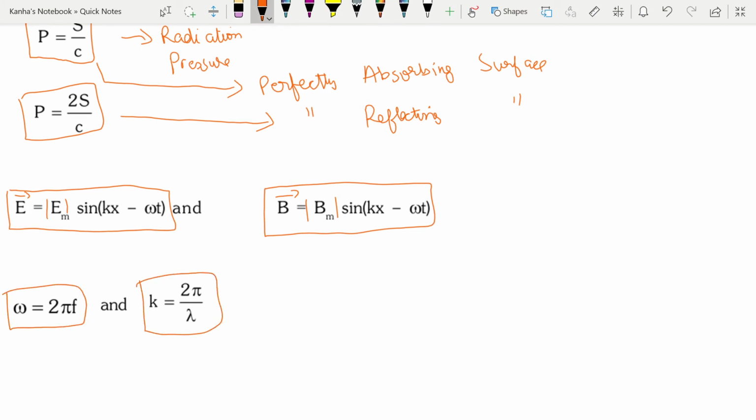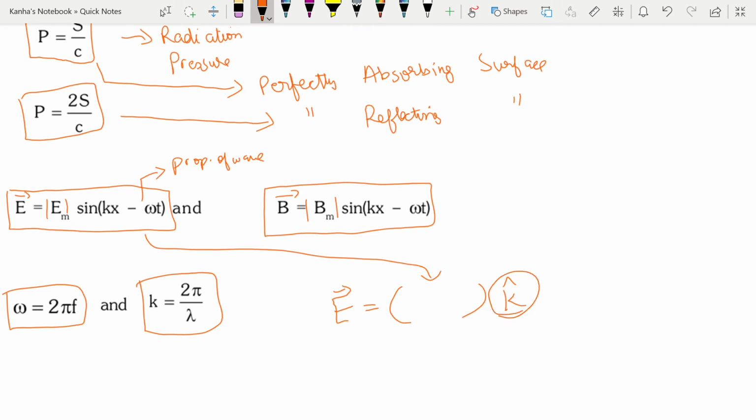One thing that you should remember from here is, whenever you will be given the electrical or the magnetic field vectors, you will be given whatever is written here, let's say this. Then there will be a direction as well associated with it. So whatever is inside, this is the direction of propagation of wave, and this unit vector outside is the direction of your oscillations of electrical field.